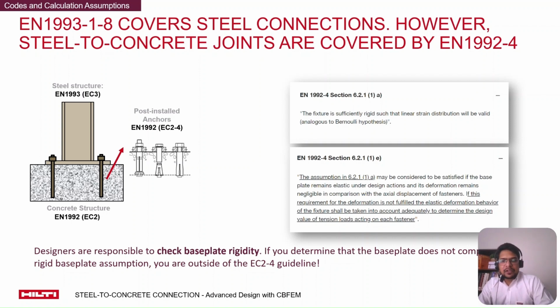And if this is not confirmed, then deformations of the fixture need to be considered in determination of tension loads acting on the fastener. Now, this is a very critical assumption that must be validated. In other words, the designer needs to check baseplate rigidity, and if that determines the base plate is not complying with the rigid base plate assumption, then you are outside of the EC2 part 4 guideline.